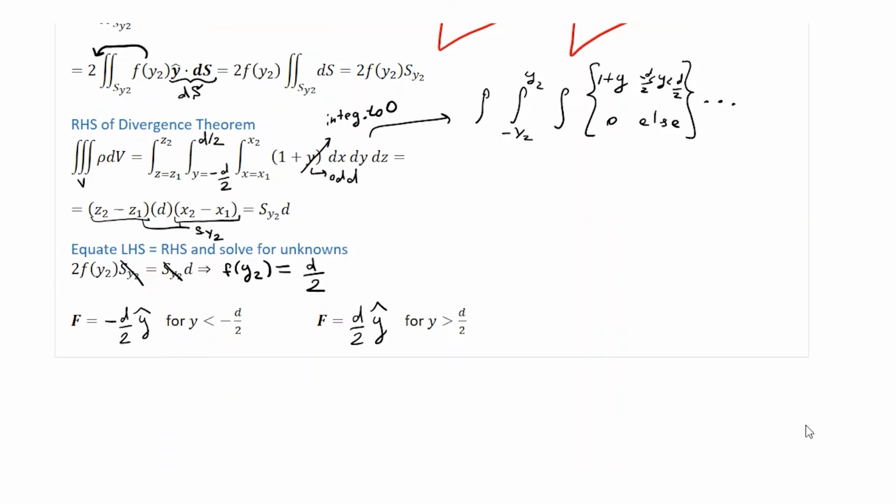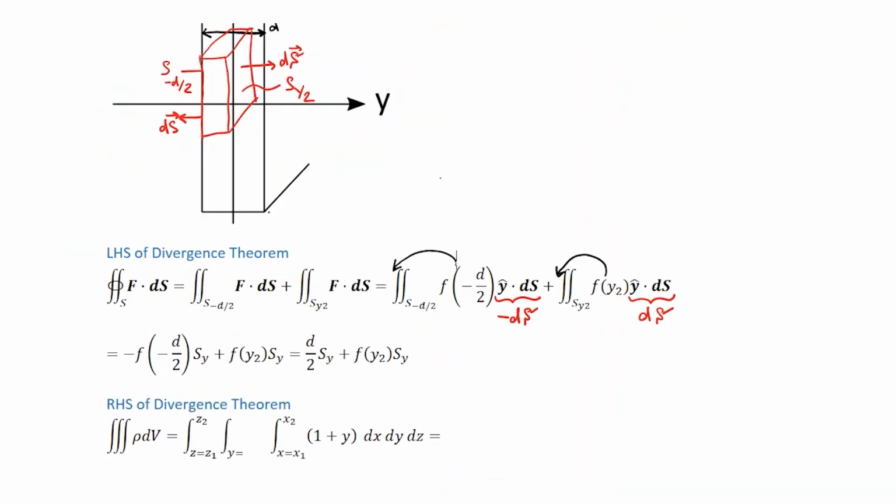So we put negative d over 2 for the y component. This guy would be equal to negative d over 2. This is why this negative cancels, and you're left with d over 2, and then you have Sy plus this term.